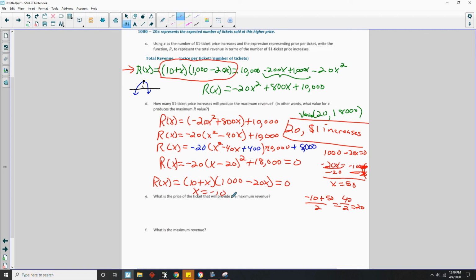E says, what is the price of the ticket that will provide the maximum revenue? Okay, so what we're going to do there is the price per ticket expression is 10 plus x, for x equals 20. Okay, we have 10 plus 20 equals 30. Substituting in that 20, the price per ticket that will provide the maximum revenue is $30.